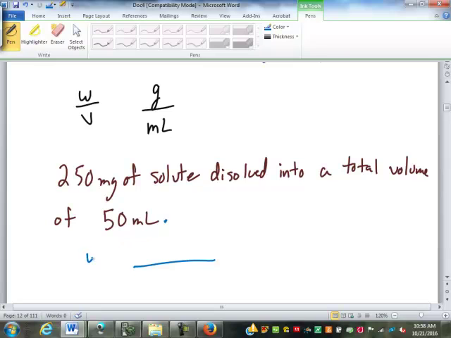So we're going to put our weight to volume, 250 milligrams over 50 milliliters.